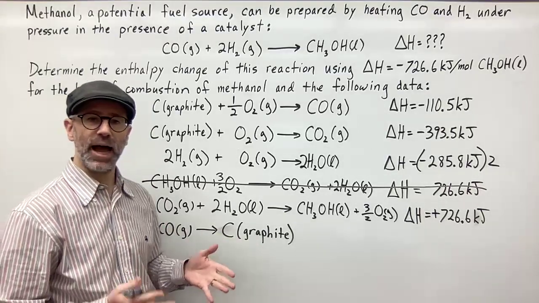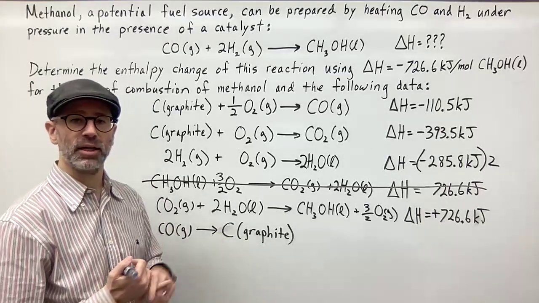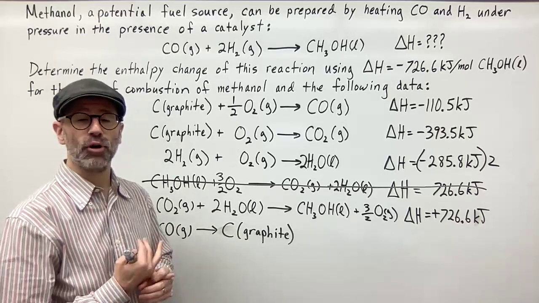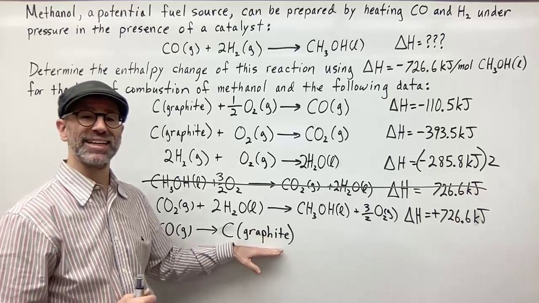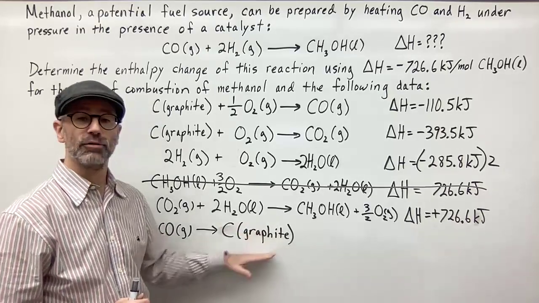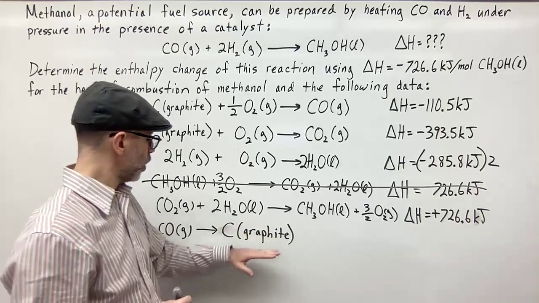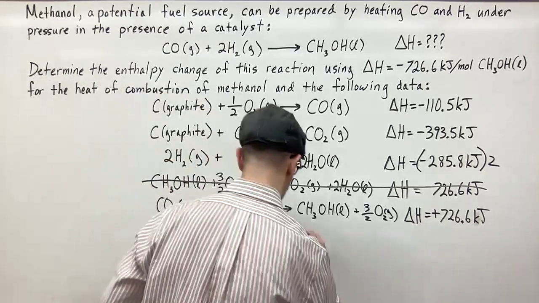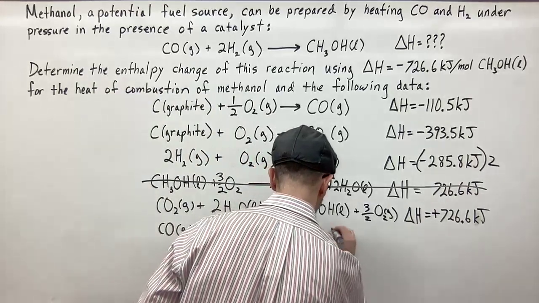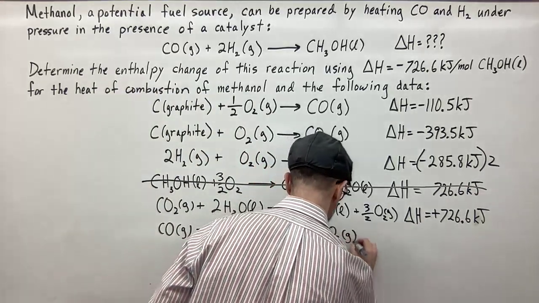Remember, there are some allotropes of carbon. Carbon could be in the form of graphite. It could be in the form of diamond, right? So here we're specifying that graphite is the standard state of carbon in the solid form. So we have carbon graphite, and then 1/2 O2 gas.